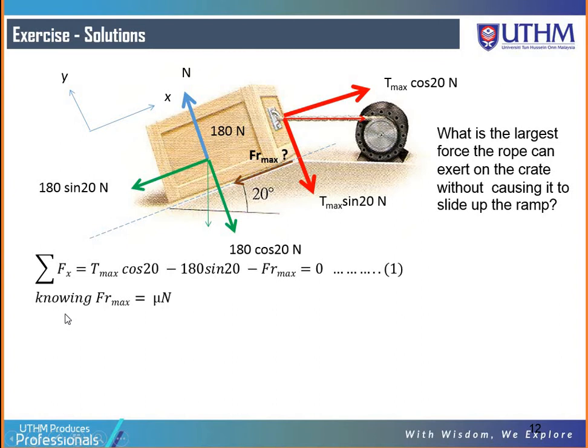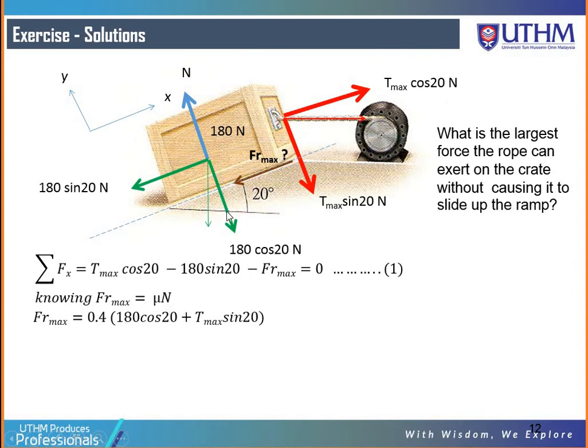The next one: we know that Fr max is equal to mu N. Frictional force is equal to mu N. From the forces acting in the y direction, the maximum force is 0.4, the mu, times the normal force.